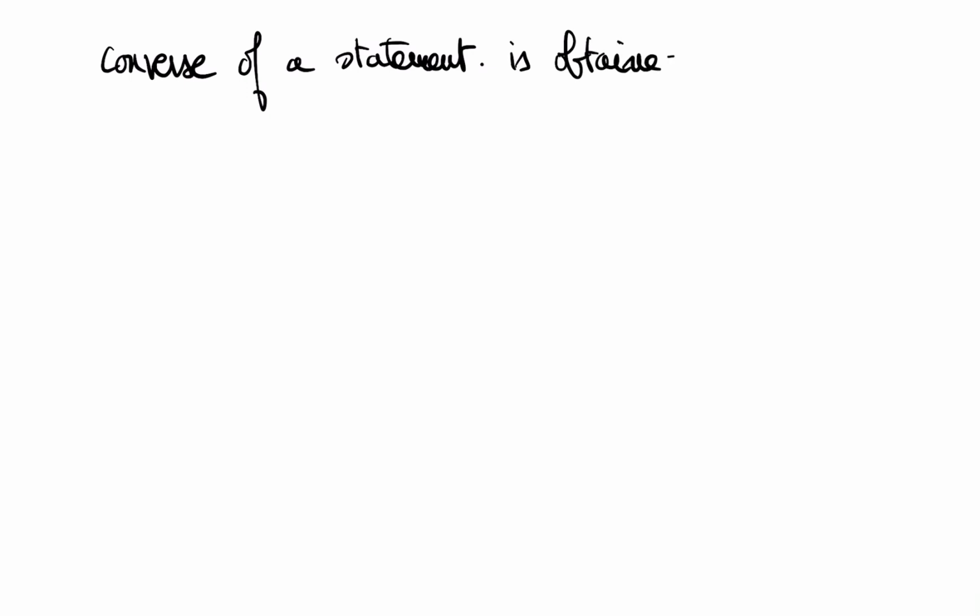Let's keep going. The converse of a statement is obtained by swapping the statements on either side of the implication symbol.